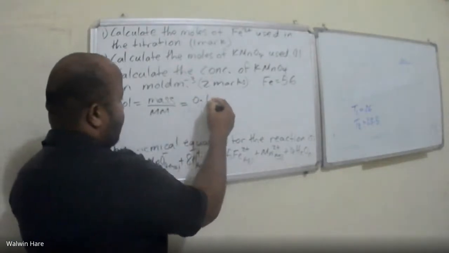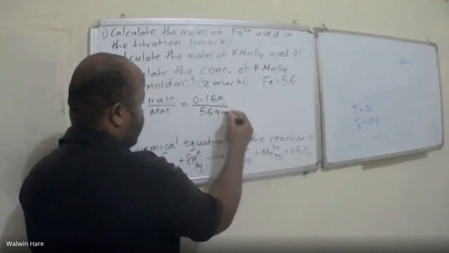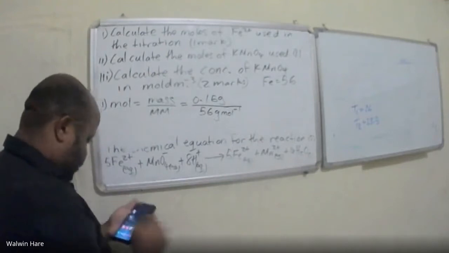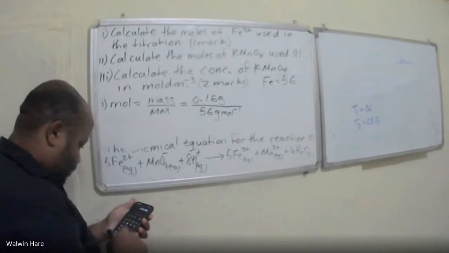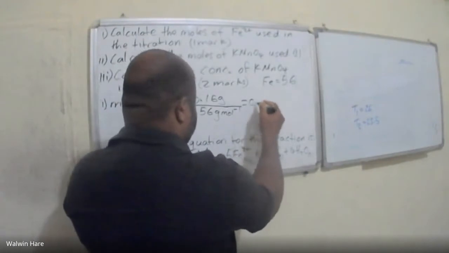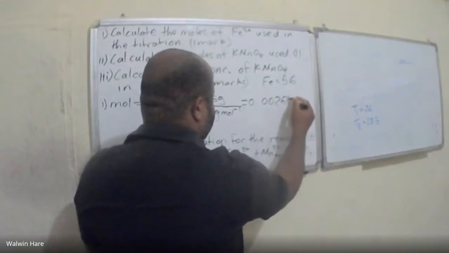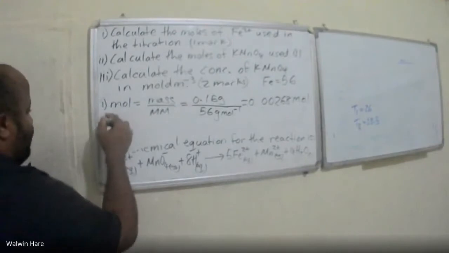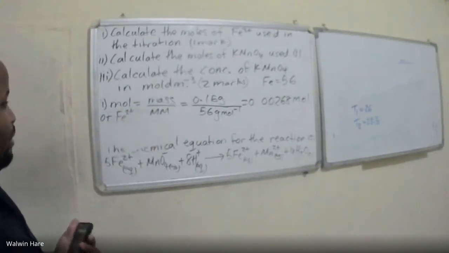And we use 0.15 gram of it, and the molar mass is 56 gram per mole. Right, so that would be the mole of Fe2 plus used in the titration.